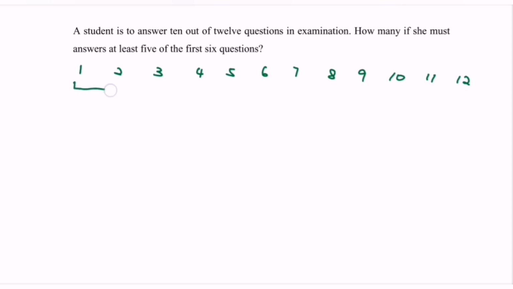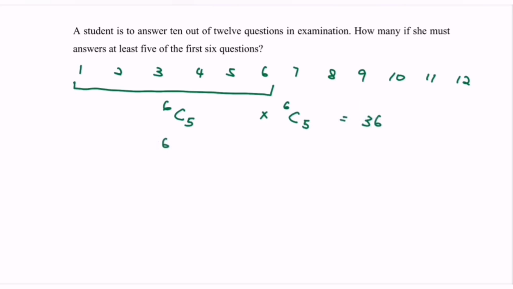It means that for the first part, from the 6, we have to answer at least 5 of them, so in total 10 questions. So here we have 6C5, multiplied by, we still have another 6 questions, 6C5 as well. So we will have the answer 36 ways.